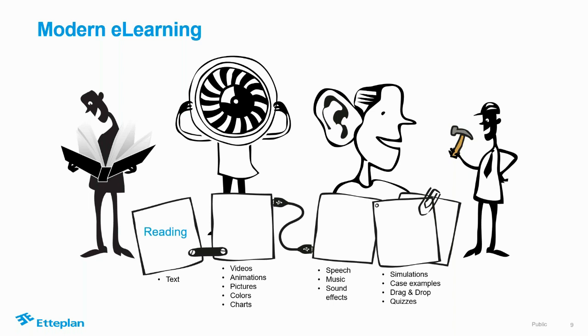Modern e-learning takes into consideration reading, seeing, hearing, and doing. This will develop higher mastery of learning.